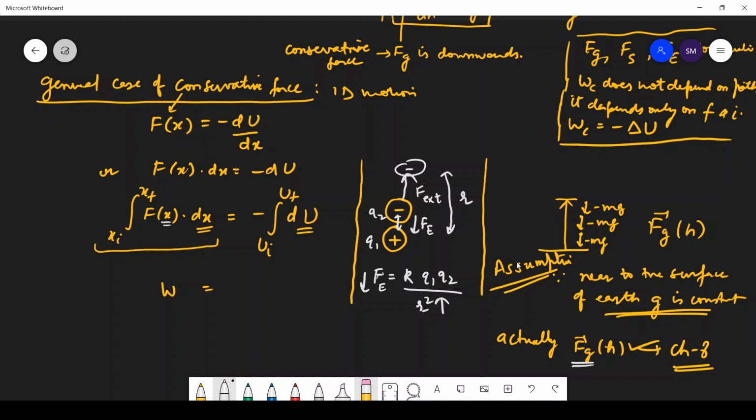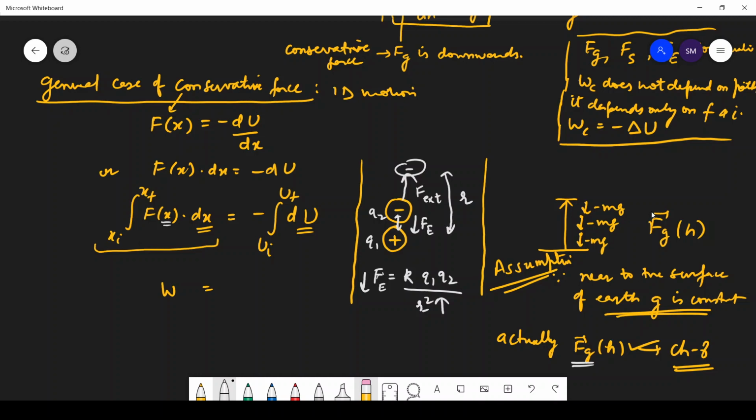So the height that you are moving up is very, very small as compared to the radius of the Earth. And this is the reason why we can ignore the variation of g, that is acceleration due to gravity, near the Earth surface.